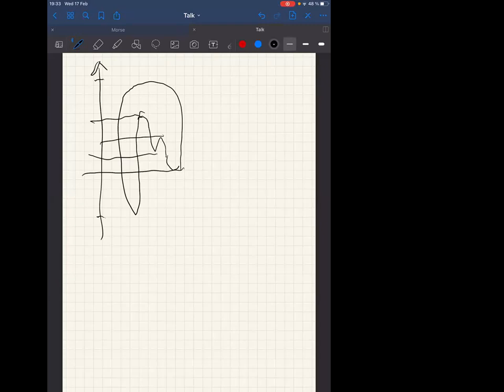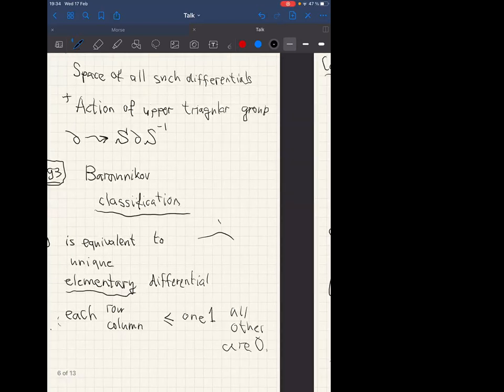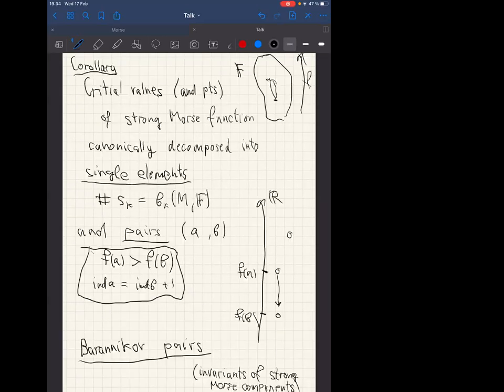And they will be divided into pairs: it's a pair, and that pair, and 2 single critical points. And so a strong Morse function and a field F will give us the following combinatorial structure: a normal form of the corresponding differential in the cell complex.